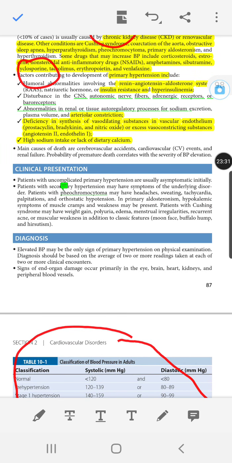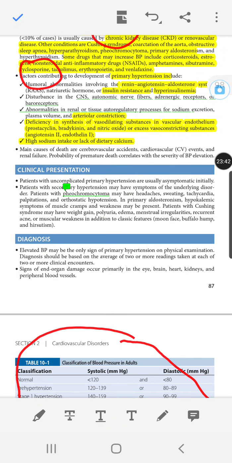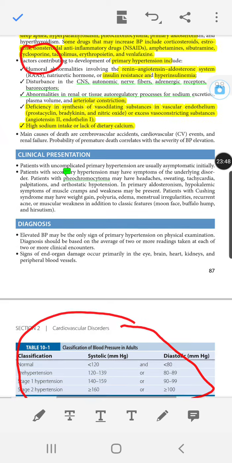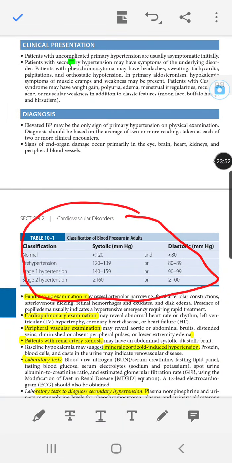Due to the high blood pressure, death may occur, and the death may be due to cardiovascular events, renal failure, or premature death, which correlates with the severity of the blood pressure elevation. So our next point is clinical presentation.